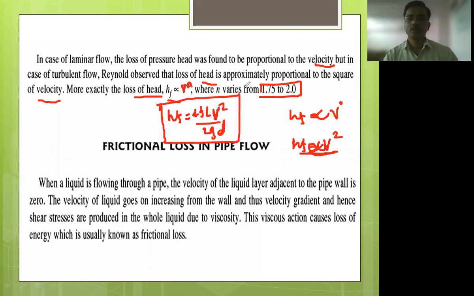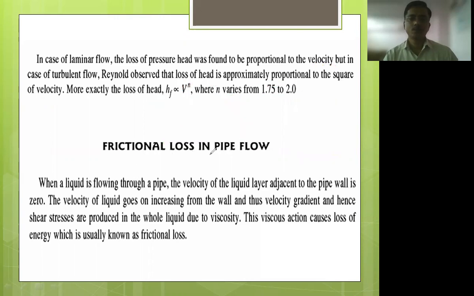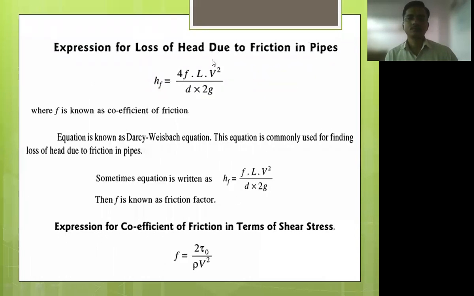Okay, now the frictional losses in pipe flow, that point we will see now. Expression for the loss of head due to friction: I think we have not yet derived this equation.